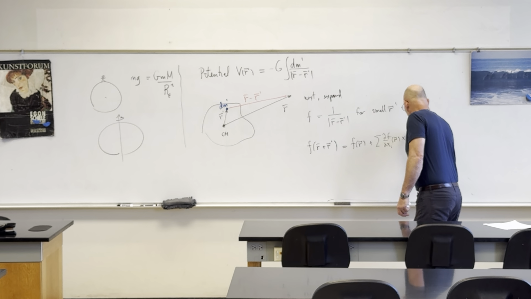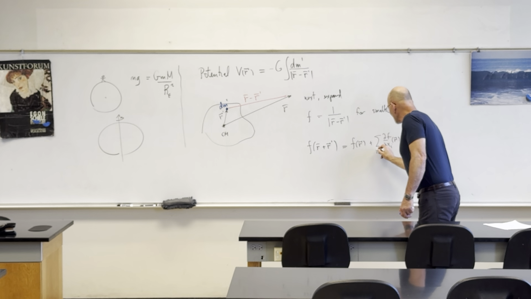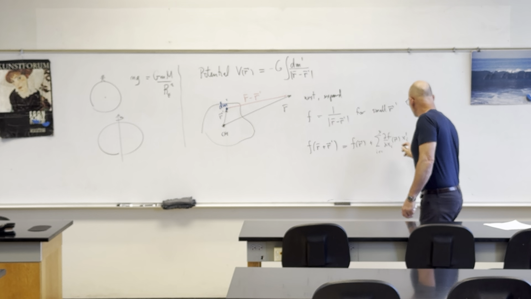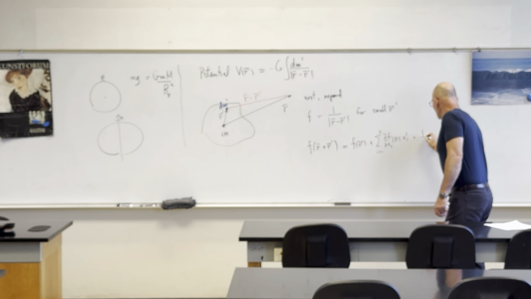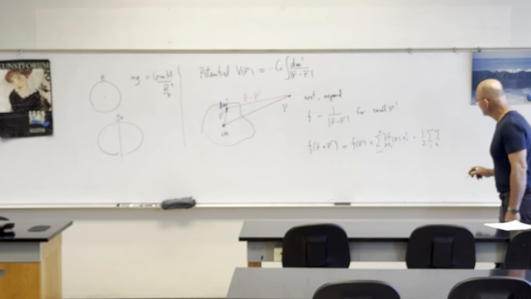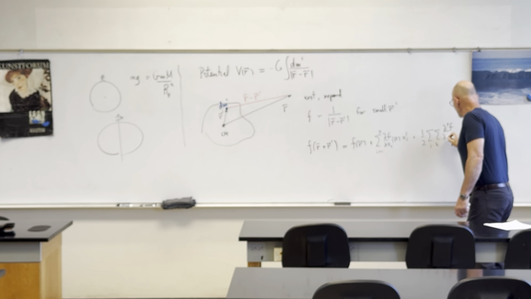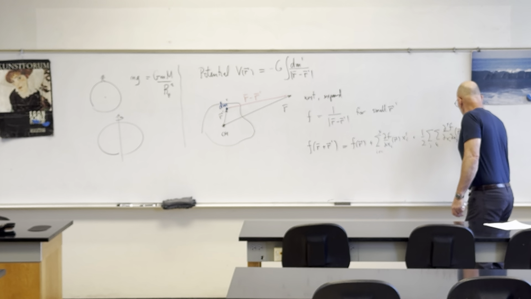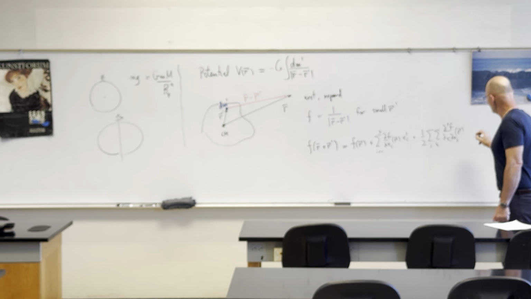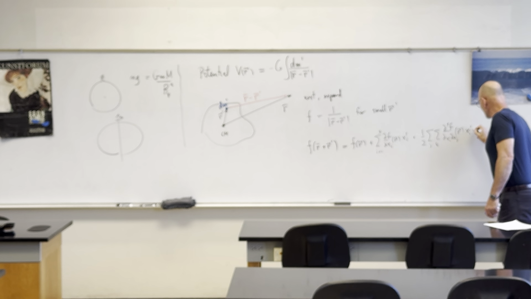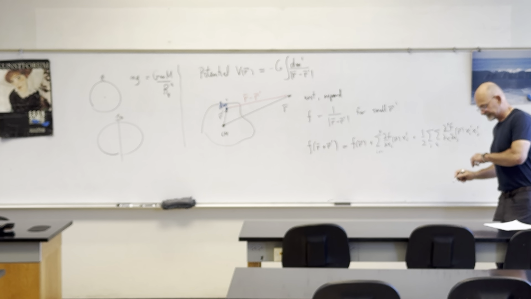Those are my small quantities now, the components of my r prime. Plus 1/2 the double sum over j, k of the second partial of f with respect to x_i and x_j, times x_i prime x_j prime.